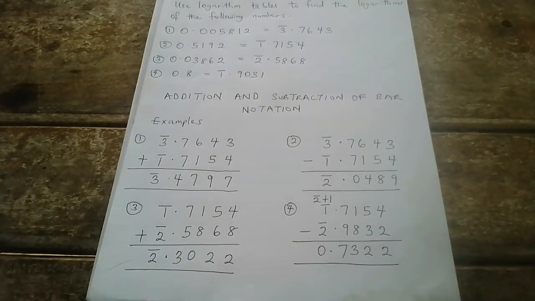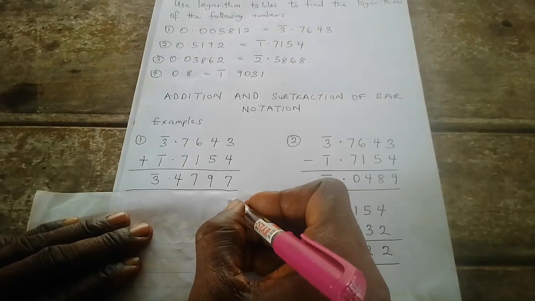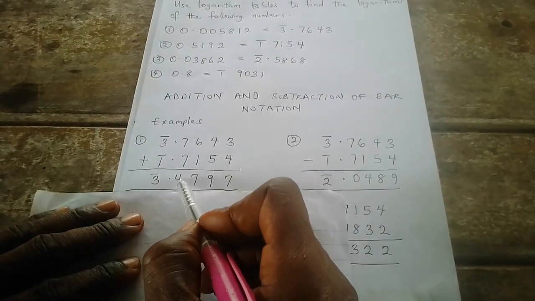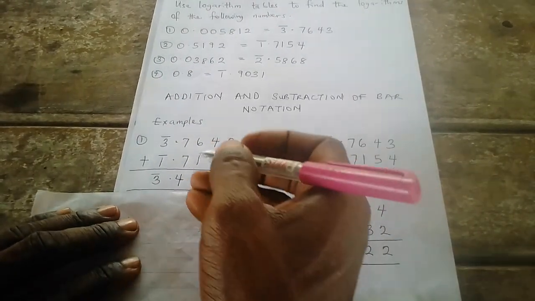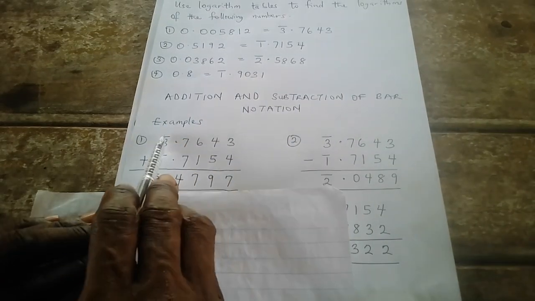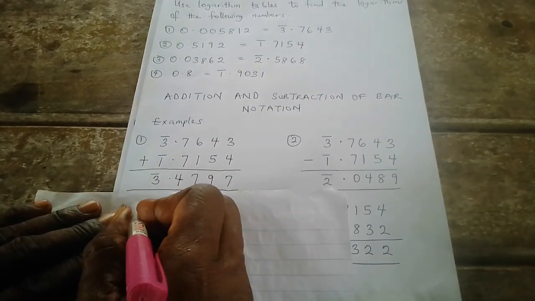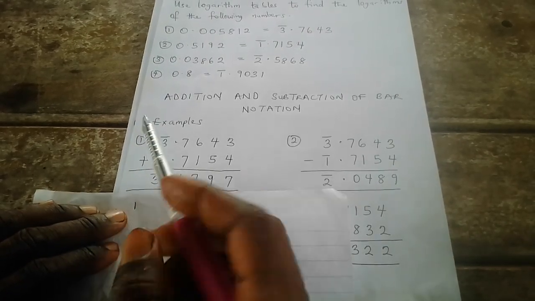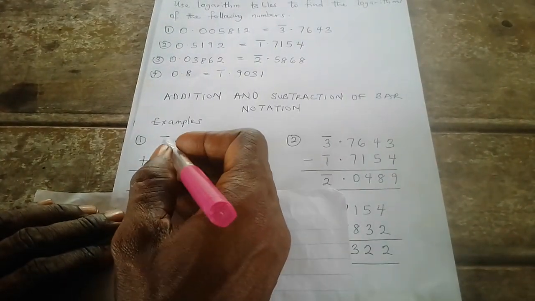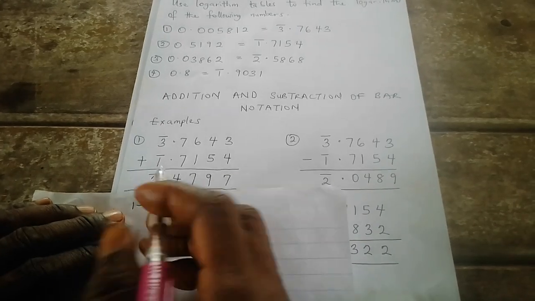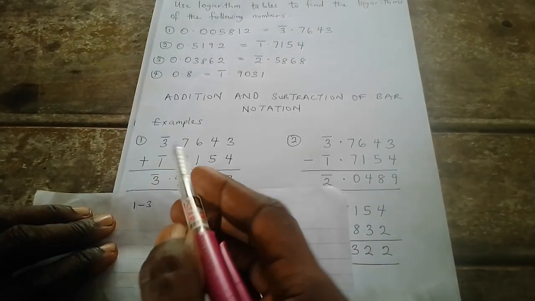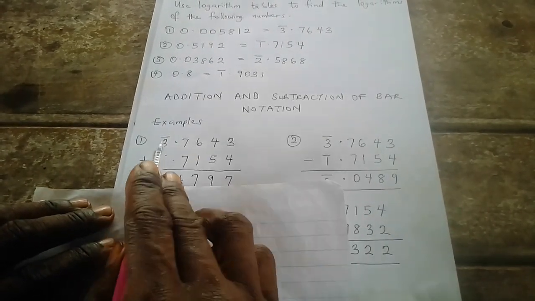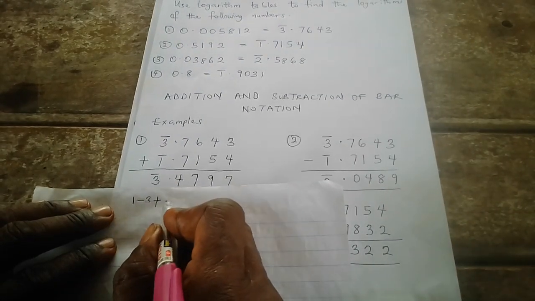Take note, it ought to be 14, so you write 4, remainder 1. That one you need to look at. You now have 1, that one. Then this bar 3 is the same thing as saying minus 3, and this bar 1 is the same thing as saying minus 1.